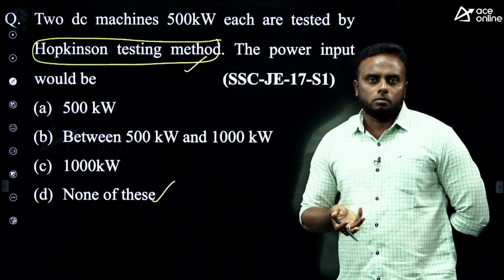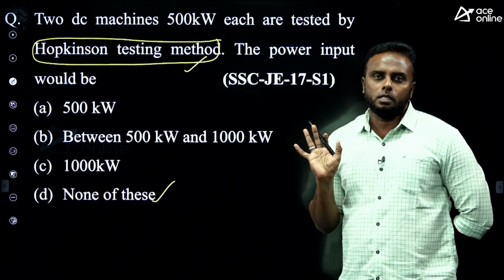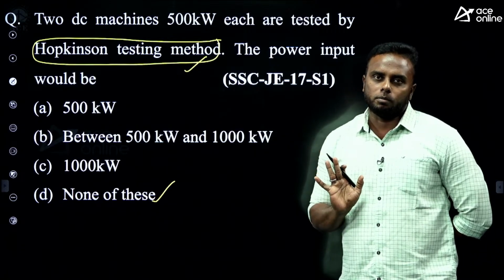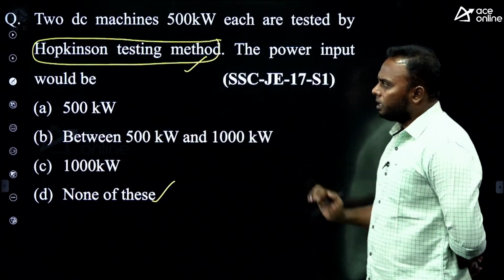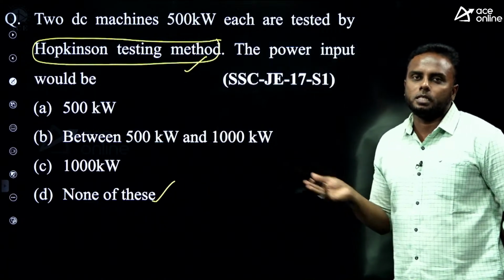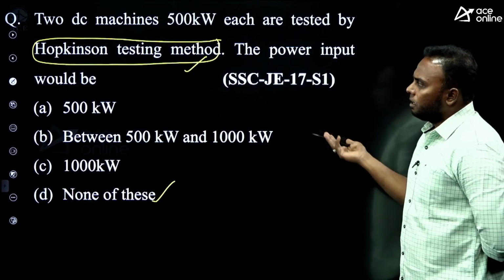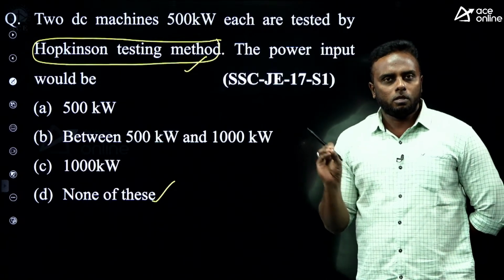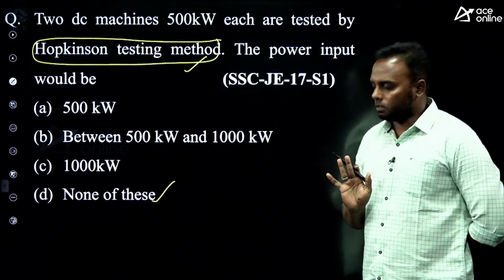That much we don't give. We give supply just to meet losses in the machines and for the field windings, but not this much power in this method. That is the advantage of the Hopkinson test. That is, we need to supply only a small power just to meet losses in the 2 machines. Remember this.